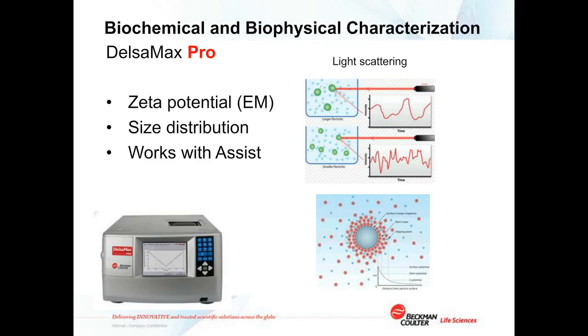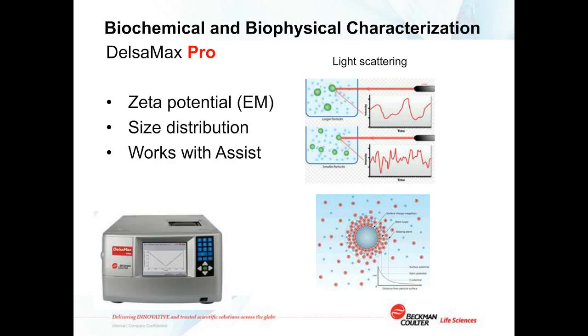With the ASSIST, it actually pressurizes the flow cell so that the bubbles don't form, and therefore you can measure the zeta potential or the charge state of the particles in cases where you typically can't.